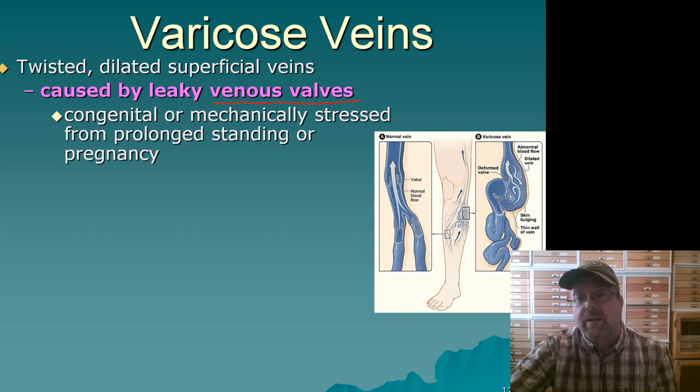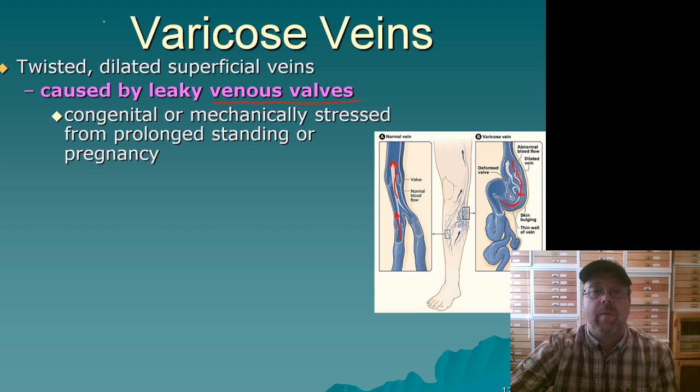Here you can see a healthy valve where you've got blood flow moving through the valves and everything is healthy. If these valves start leaking, blood can start leaking back and pooling in these veins, causing these veins to get all twisted and swollen. And this is what we call a varicose vein.